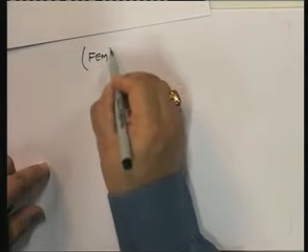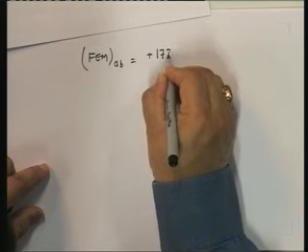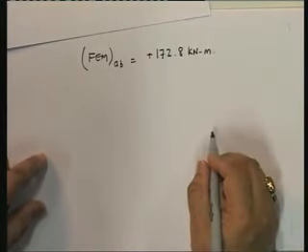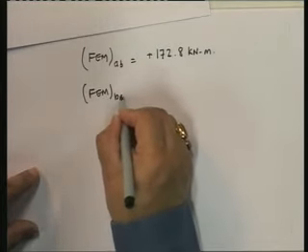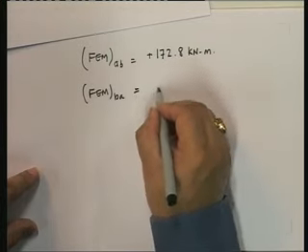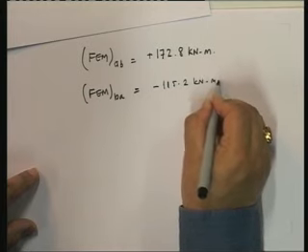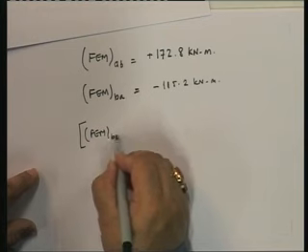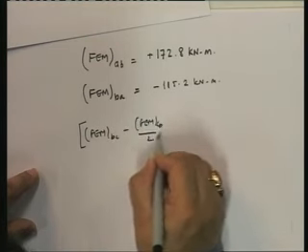My fixed end moment AB is equal to plus 172.8 kilonewton meter. Fixed end moment at BA is equal to minus 115.2, and I need to evaluate the fixed end moment BC minus fixed end moment CB by 2.